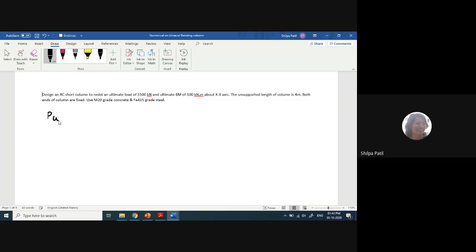It is PU. What is the PU value? It is 1500 kilonewton, right? What is the moment Mu given? 100 kilonewton meter. What else data is given here? The unsupported length L is equal to 4 meters. And the other values given are M20 grade concrete and Fe415 grade steel.